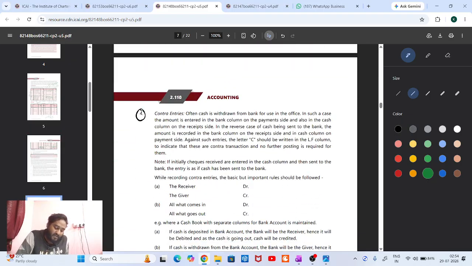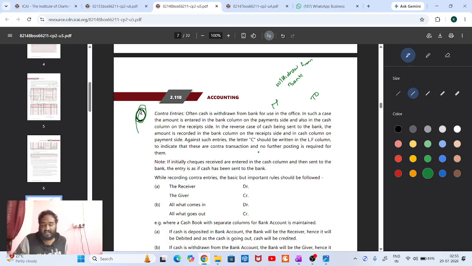And then there is the concept of contra entries. What do you mean by contra entries? Contra entries means if you withdraw from the bank, imagine I have 1 lakh rupees in the bank, and I am withdrawing 20,000. The bank balance of 1 lakh rupees will be reduced to 80,000. Bank is a debit balance. Why is it a debit balance?